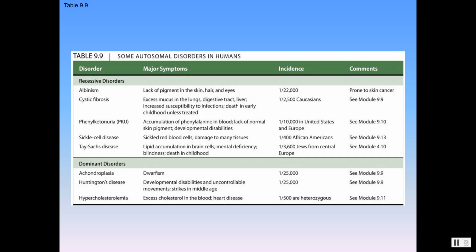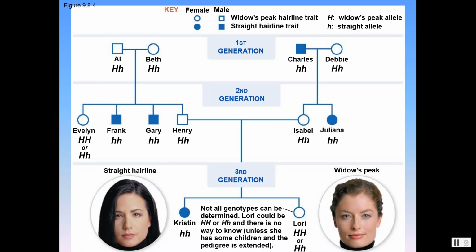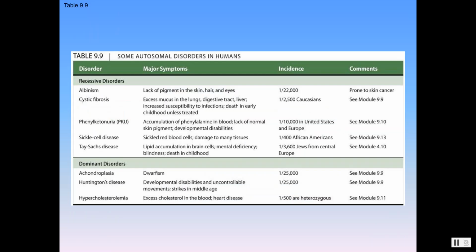And again, a recessive disorder means you have to be homozygous recessive to inherit that. In the dominant disorders, you may be both capital and lowercase, meaning the heterozygote, or you could be the homozygous dominant.